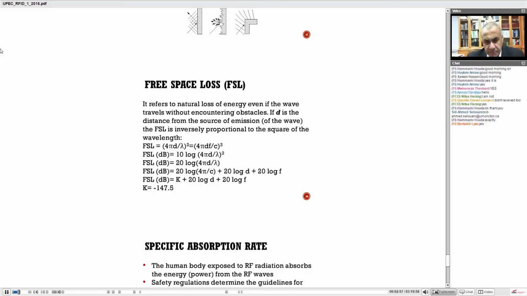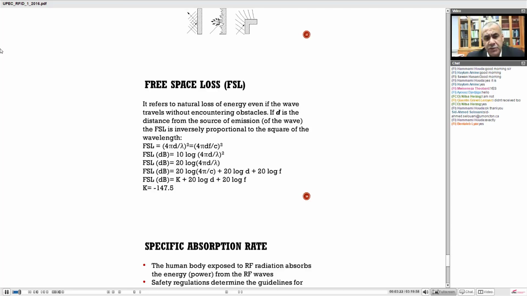So free space loss: electromagnetic waves naturally lose energy when they travel. This loss is proportional to the distance. The longer the distance, the bigger the amount of energy lost.